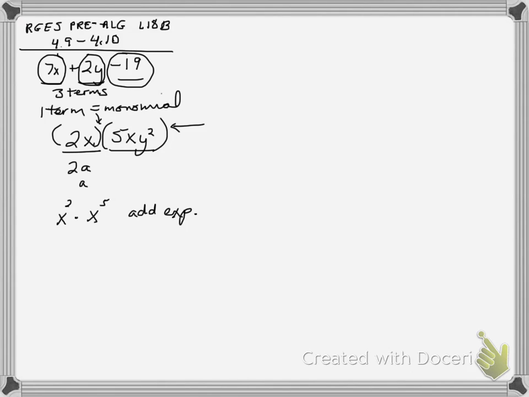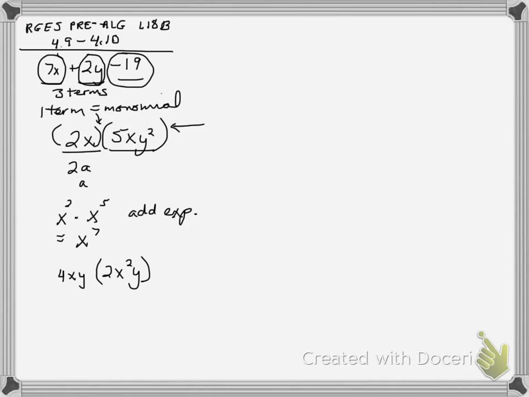So we add exponents, and my answer is x to the 7th. Well, we're just going to use that basic idea with the idea that we could have numbers and different kinds of variables. There's one term being multiplied by another term here, so we're multiplying two monomials. Our answer will also be a monomial in this case.